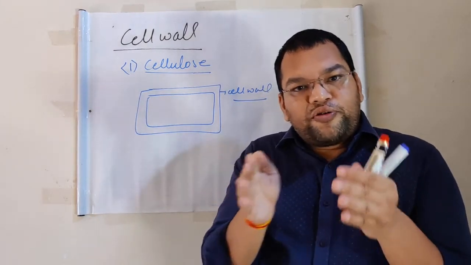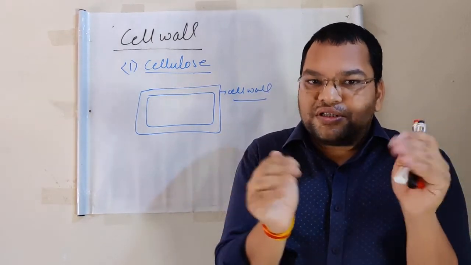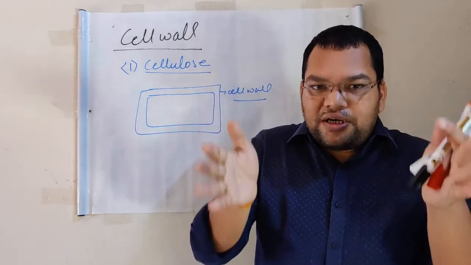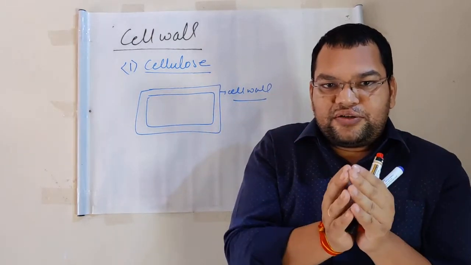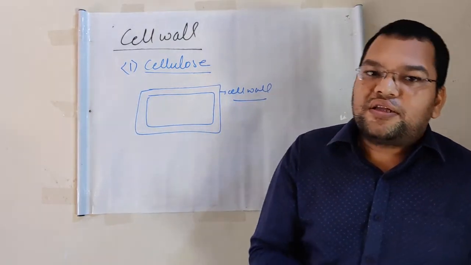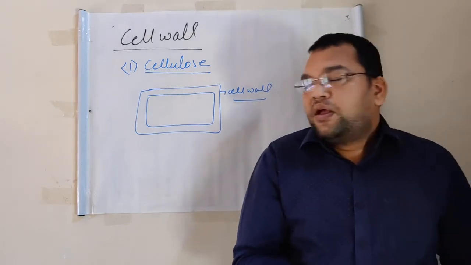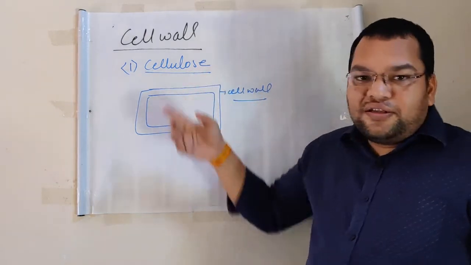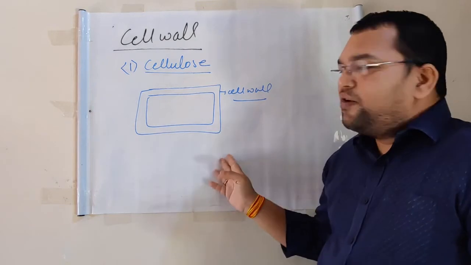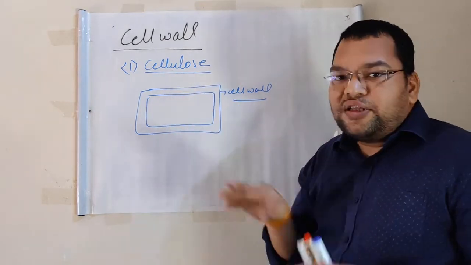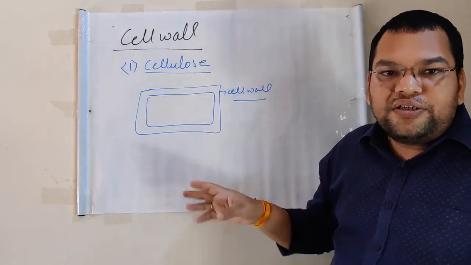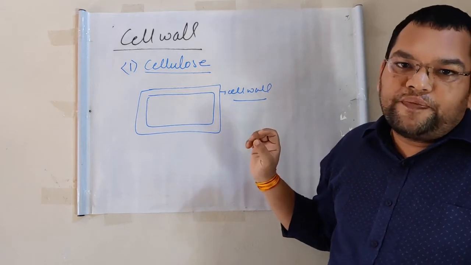Now the cell wall prevents the cell from bursting, because it acts like a barrier outside. So the important thing is that the cell wall is made up of cellulose, it is the outer covering of the cell, and it prevents the cell from bursting.